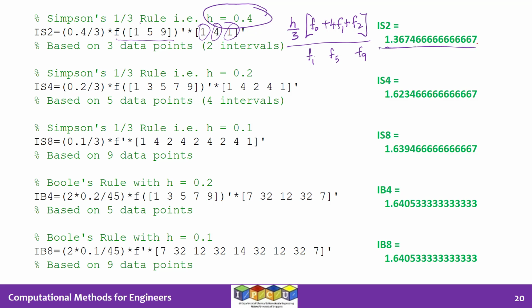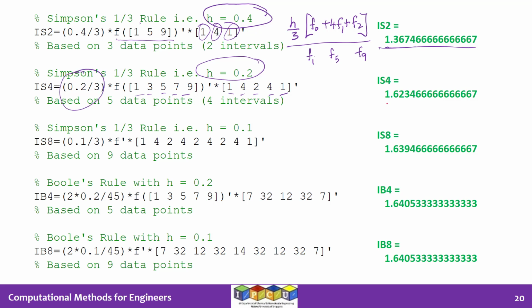And when you come to using 5 data points, that means h equal to 0.2, x equal to 0, 0.2, 0.4, 0.6, 0.8. You take these values, right? So data points 1, 3, 5, 7, 9. And then you apply the Simpson's weights 1, 4, 2, 4, 1 for the 5 data points, and then h by 3.